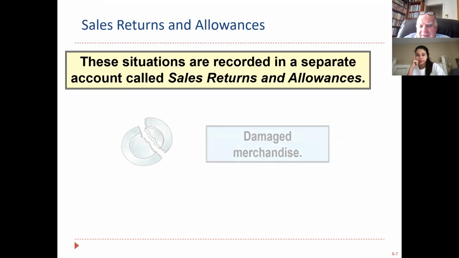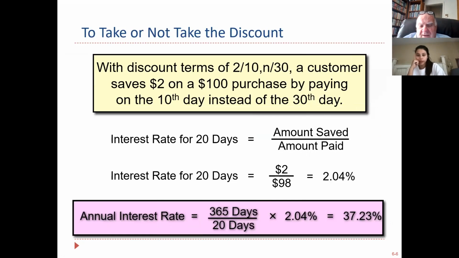You divide that out, Kaylee, and you are actually getting a 37% discount, whether you realize it or not, annualized. So if someone offers you 2/10 under today's interest rates, you would be crazy not to take that. But companies do it because they need their money as quickly as possible, and they're willing to take that bite.